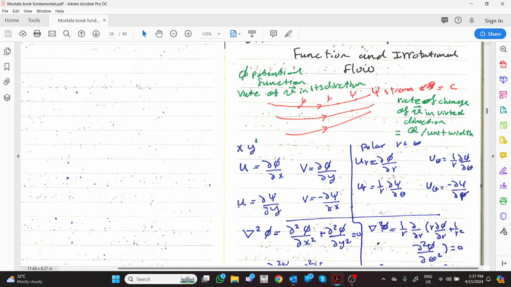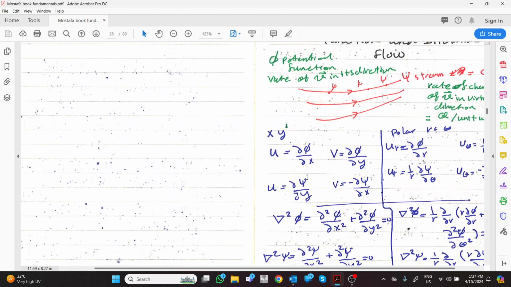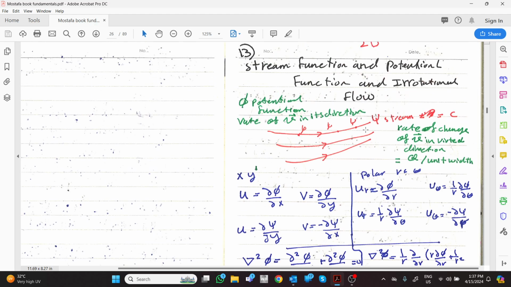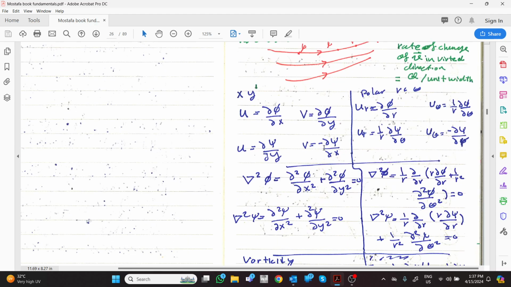In another word, the stream function itself has a relation with the flow rate. So if we have the stream function, you have an idea about the flow rate. Of course, we are talking about 2D, so the width is infinite. And the potential function is the same. So let's, based on the description, understand what is the benefit of it.